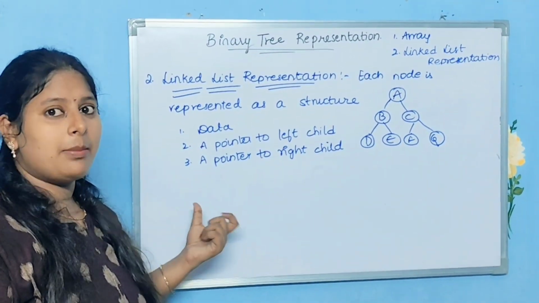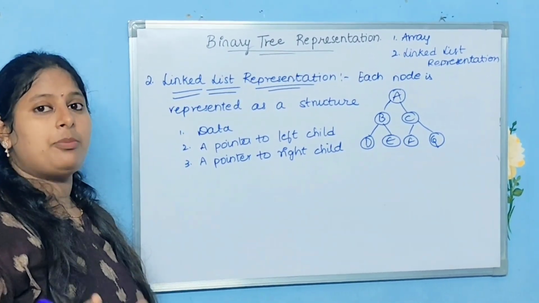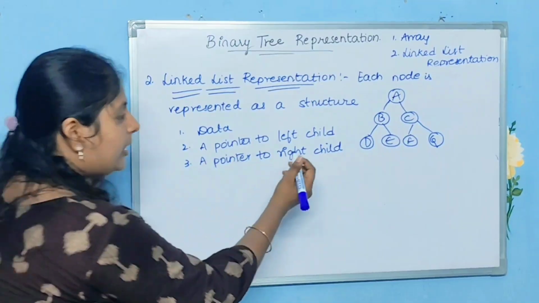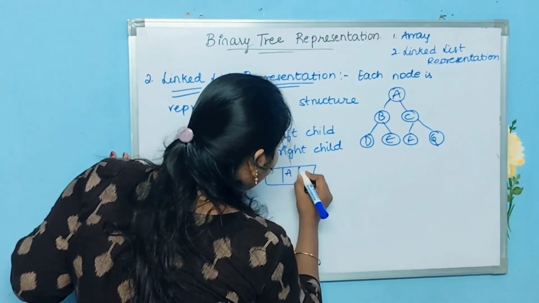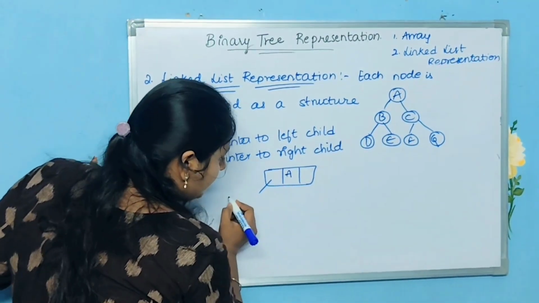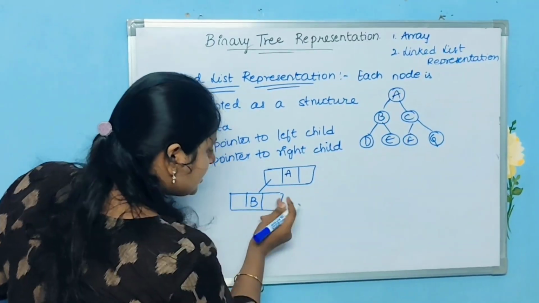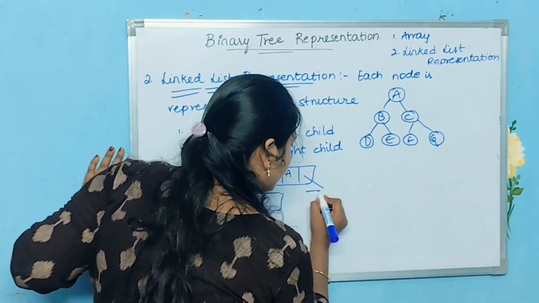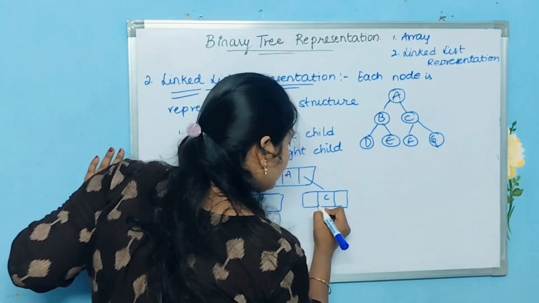This is a double linked list. You can represent the binary tree with the help of a double linked list. So A is considered. There are a left pointer and a right pointer to A. The left pointer of A is connected to B. This is empty, right? So the right pointer of A is C.